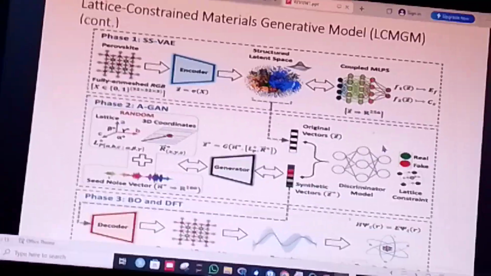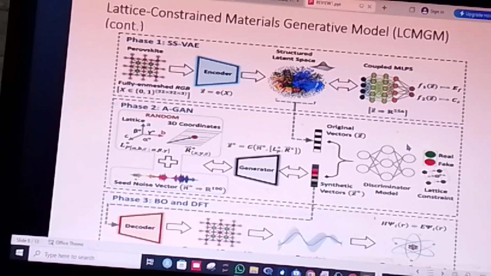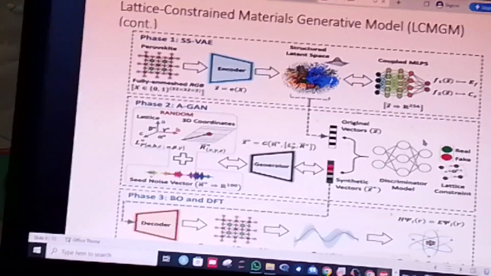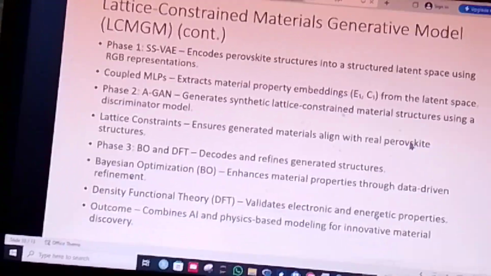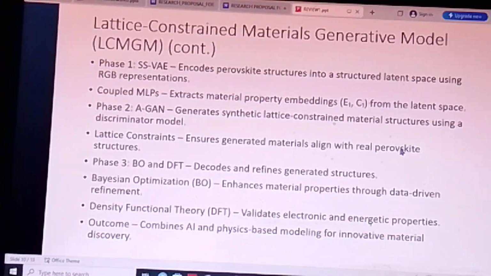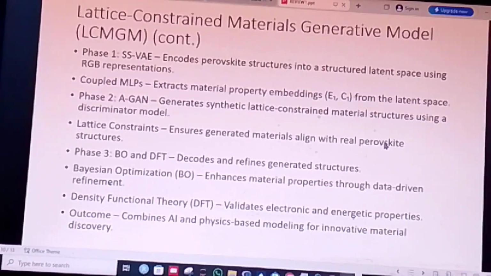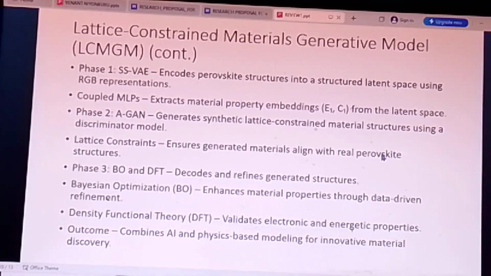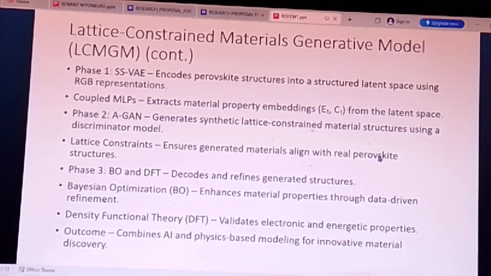And the lattice-constrained materials generative model, which is LCMGM, is also like this. For phase one, SSVAE encodes perovskite structure into a structural latent space using RGB representations.